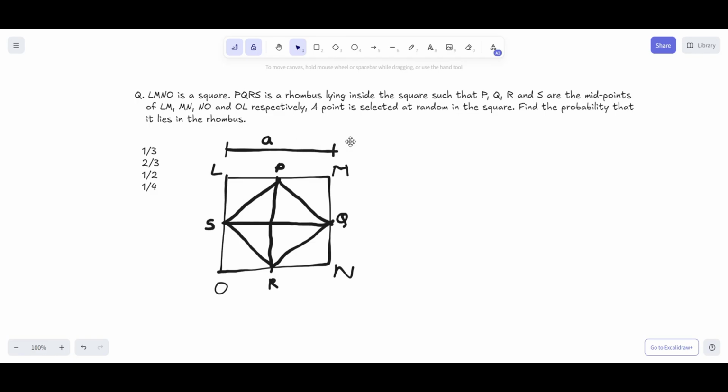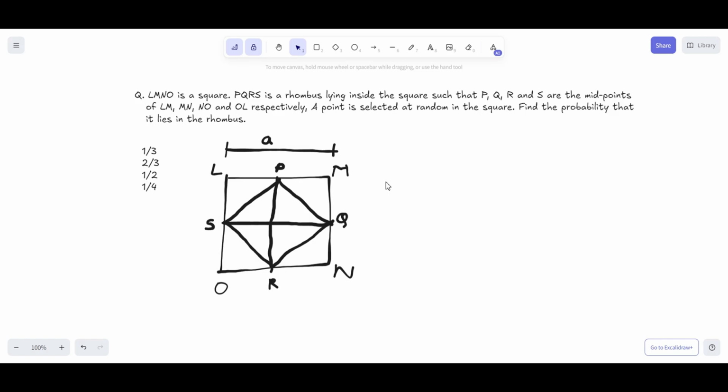For this, we have to find the area of both square and rhombus, and then divide them. Quite an easy problem. Let us go according to the figure. So P is the midpoint of LM, Q is of MN, and similarly these two also are midpoints.